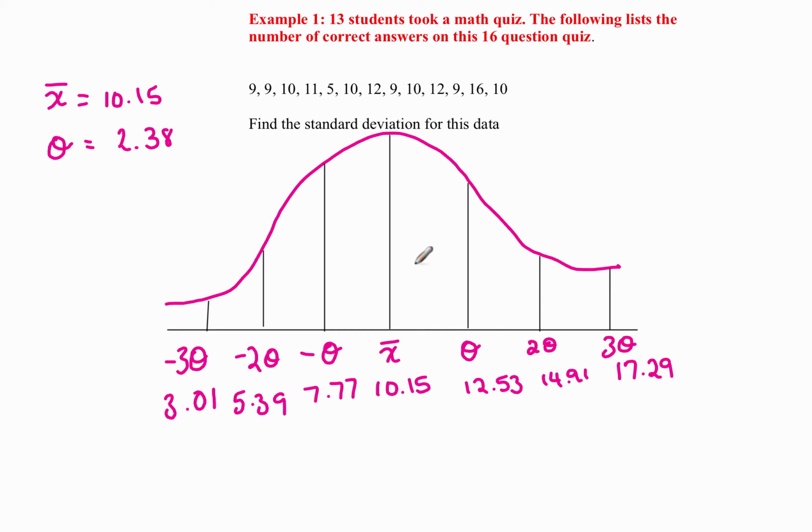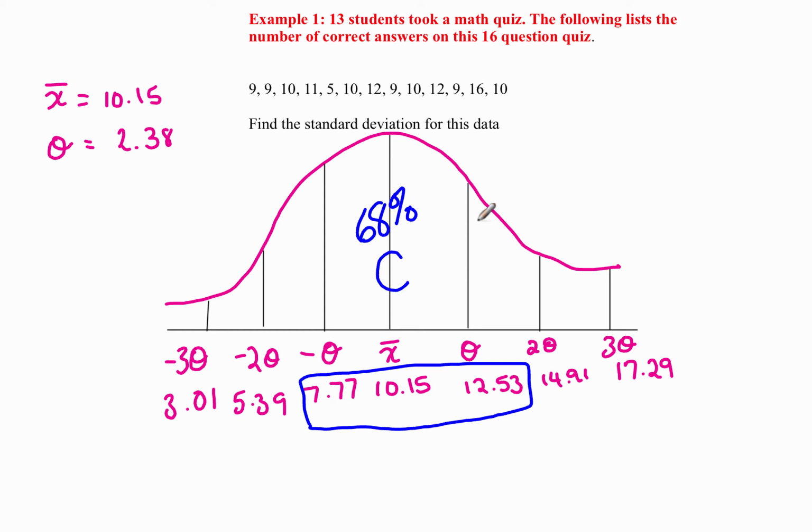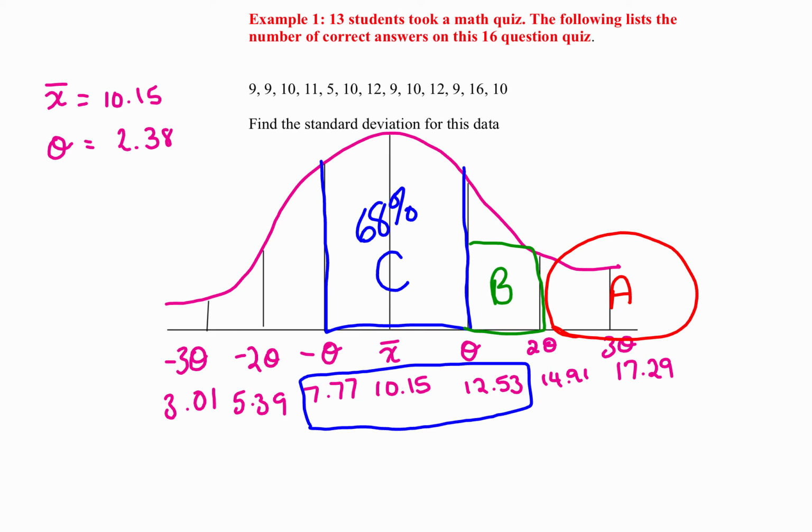So for example, maybe this professor will say, since this is average and 68% of the country is average, then anybody who scored between a 7.77 and a 12.53 will get a C. Anybody who scored from higher than a 12.53 to 14.91, we're going to give those people the B. And then, if you scored above a 14.91, we'll give those people the A. Likewise, we'll go backwards.